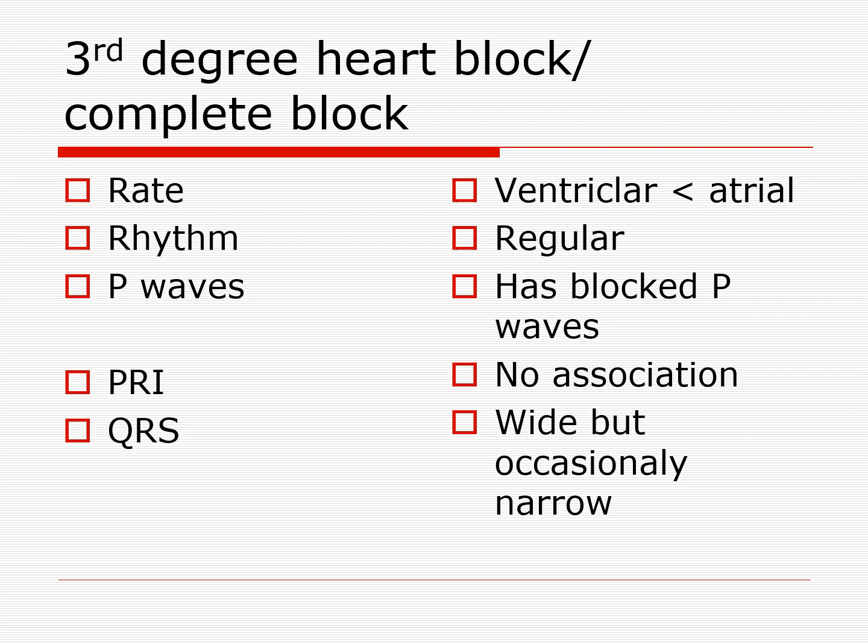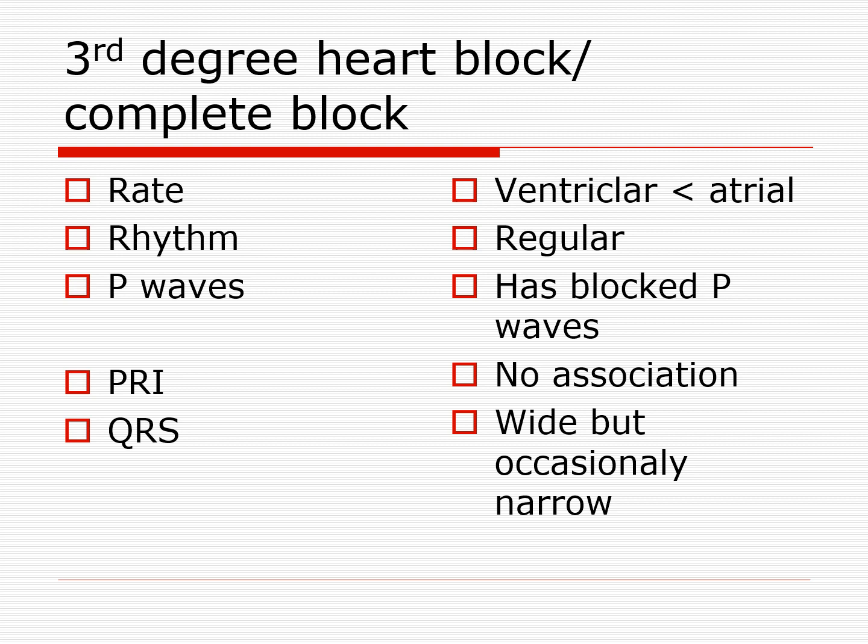The P waves are normal, but there's no relationship to the QRS. There's no pattern for the PRI. The QRSs are wide, but they can occasionally be narrow. Again, there's no relationship with the QRS with the P waves.